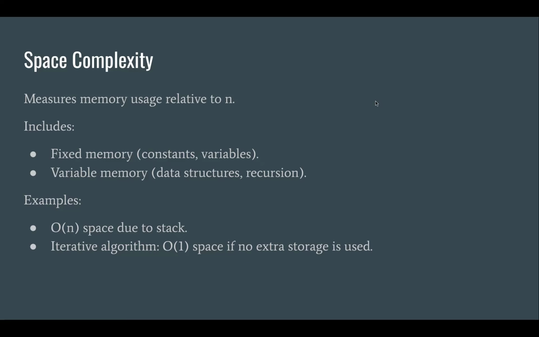For example, an iterative algorithm that simply scans an array might use O(1) space because it doesn't have to allocate extra memory. On the other hand, a recursive algorithm like the Fibonacci sequence might use O(n) space due to the call stack. So understanding space complexity is key when memory is a limited resource.